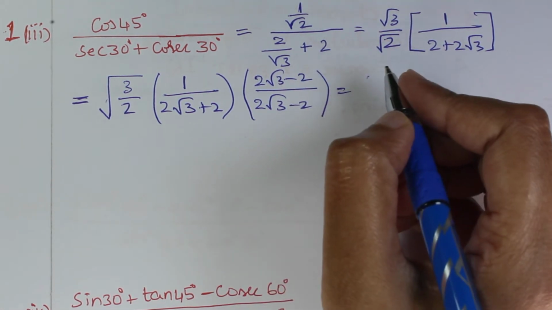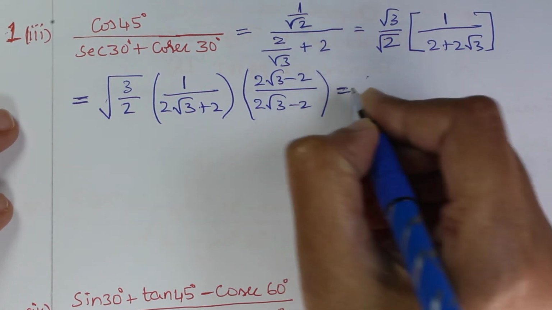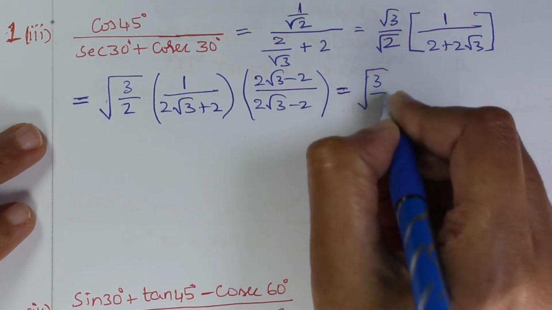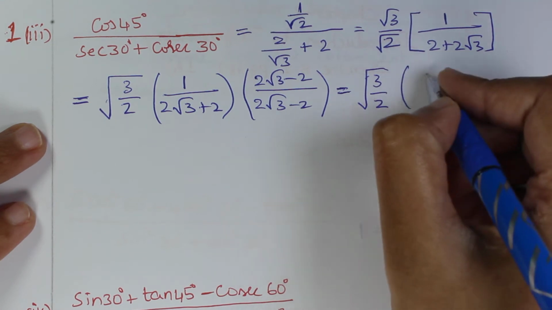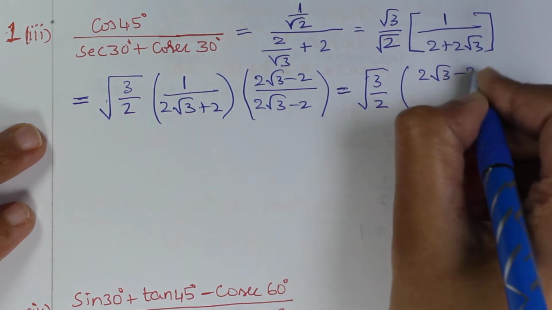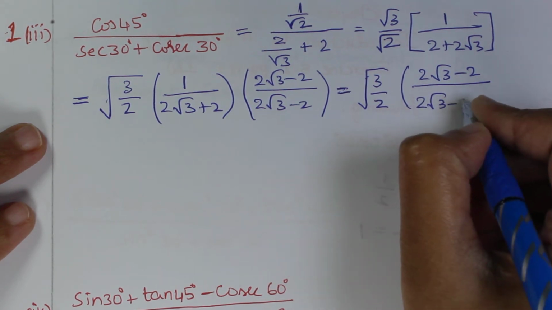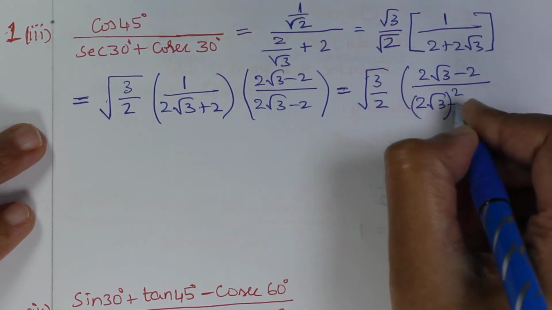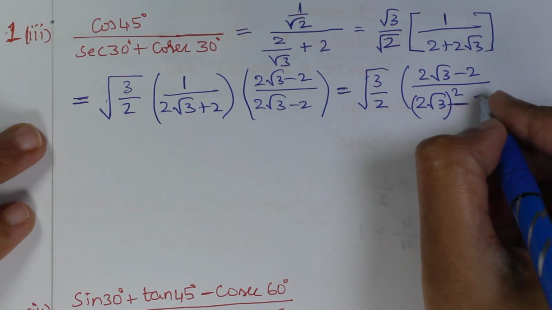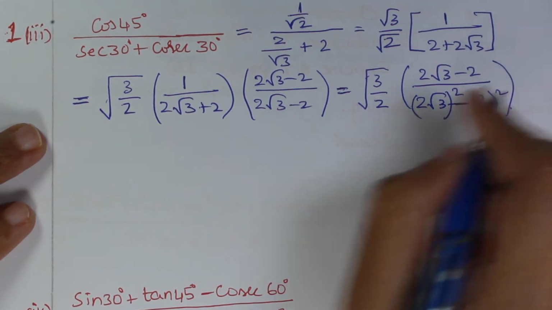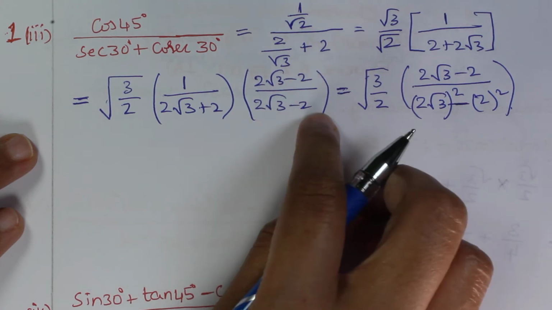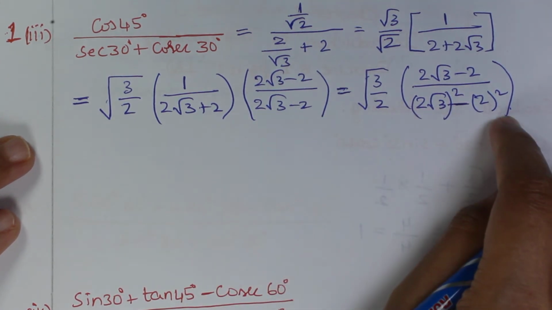That is equal to root 3 by 2 into 2 root 3 minus 2 divided by 2 root 3 whole square minus 2 square. This is in the form of a plus b into a minus b, right? So it becomes a square minus b square.